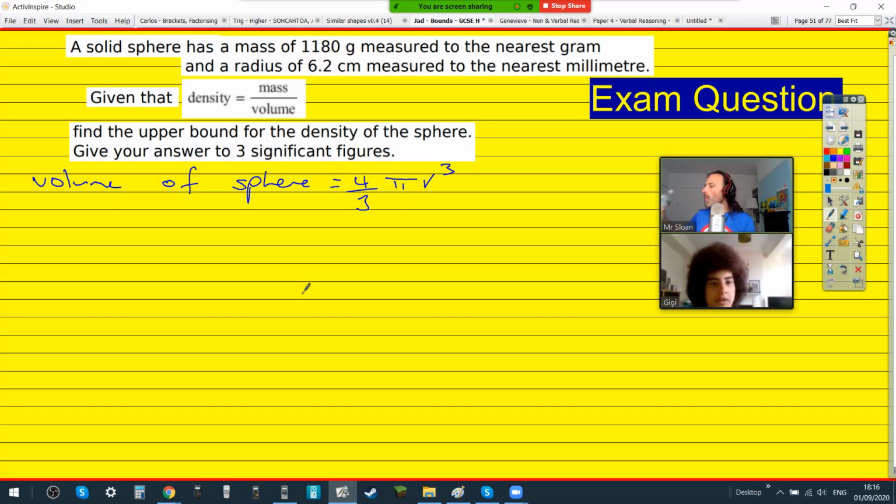A solid sphere has a mass of 180 grams measured to the nearest gram and a radius of 6.2 to the nearest millimeter. Find the upper bound for the density of the sphere. Alright.